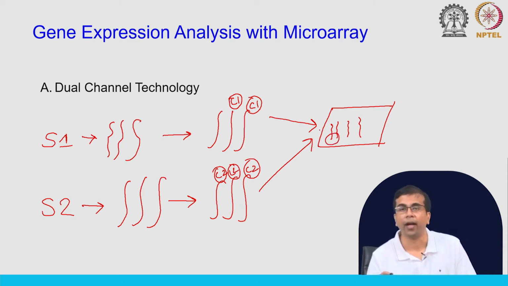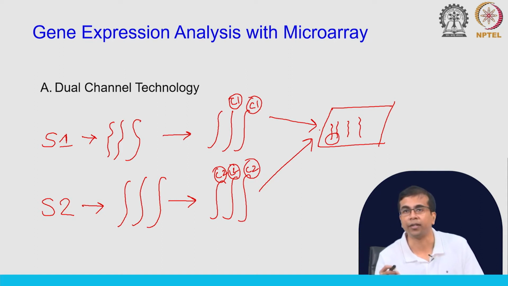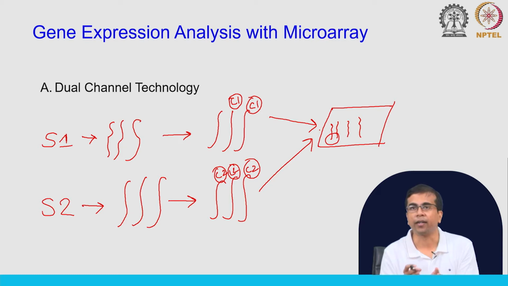If the expression of a gene in S2 is higher, then you will see color 2 dominate in the microarray. If these expressions are balanced, then you will see a balanced color. So, with red and green colors, if S1 is dominating, you have red color. If S2 is dominating, you will get green color, but if the expression is balanced between these two samples, then you will get yellow color.